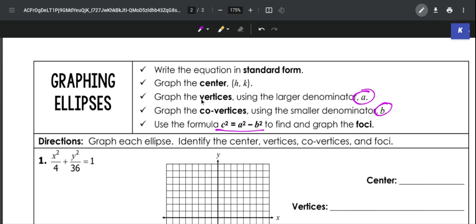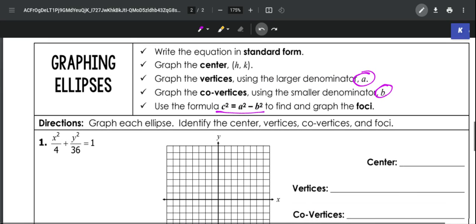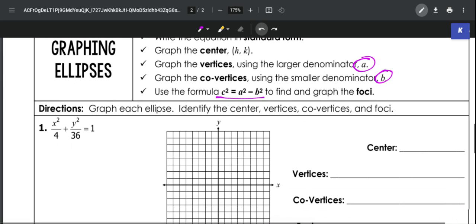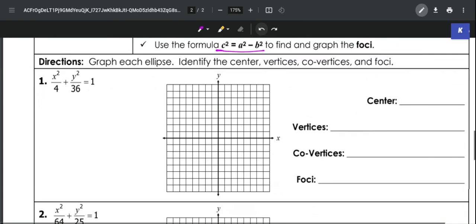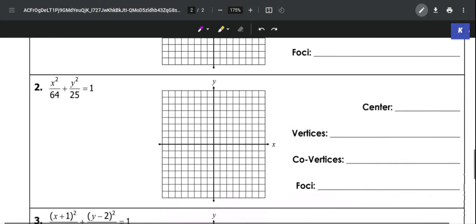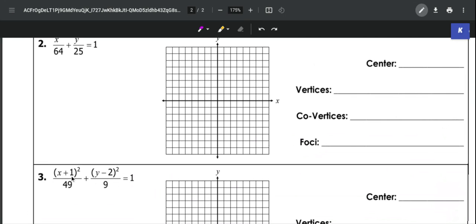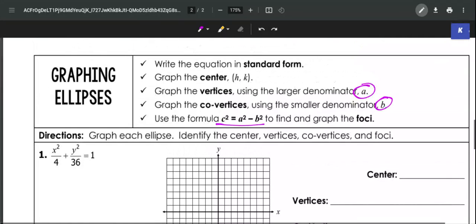All right, so what this is essentially telling you with your larger denominator and your smaller denominator is, if your larger denominator is under the x squared, or wherever the x fraction is, that's telling you that you have a horizontal ellipse.